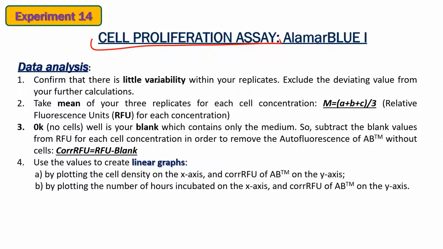Okay, so what you do, first, of course, you want to confirm that the variance of your values in all those wells is close to each other. So for the same row in the triplicate, these should be very close to each other. And you look at this variability or variance, and you determine if you could work with this particular plate.